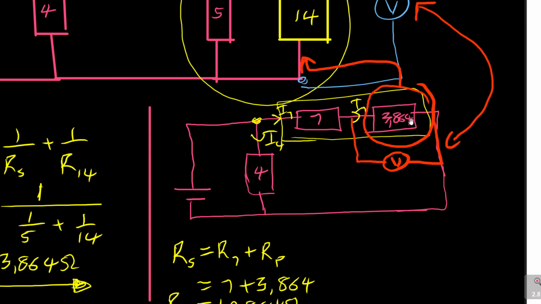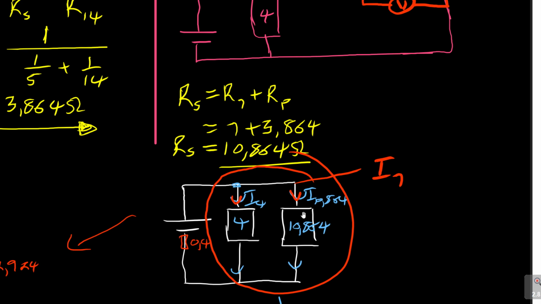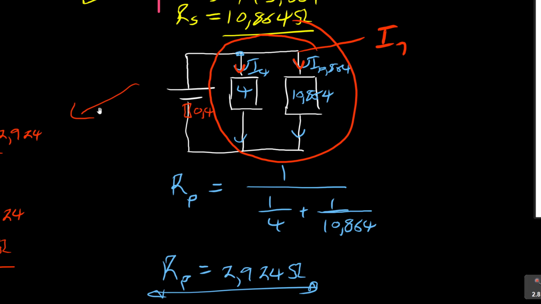Because I added 7 plus 3 to give me my I10. It's the same current. So now, if I accept that that's my I10, I can even focus on the voltmeter here. I don't want to confuse you now. The reading on this voltmeter and that voltmeter is going to be the same in a way.